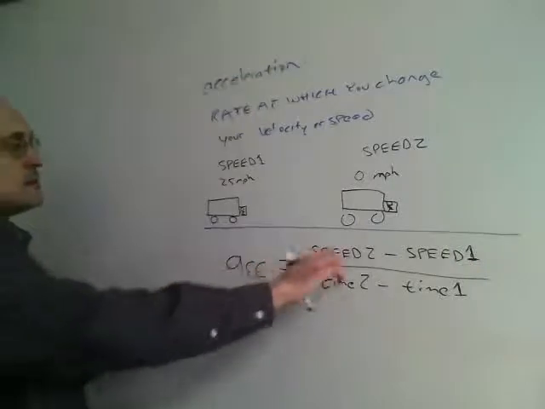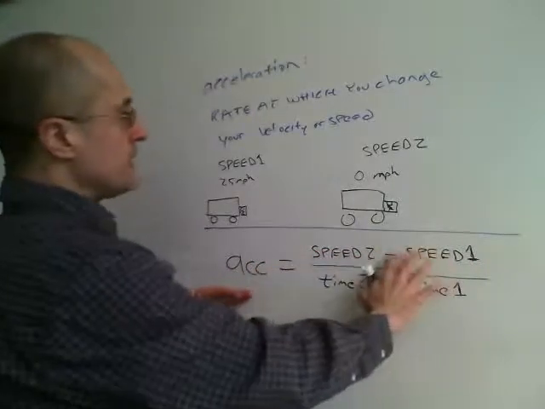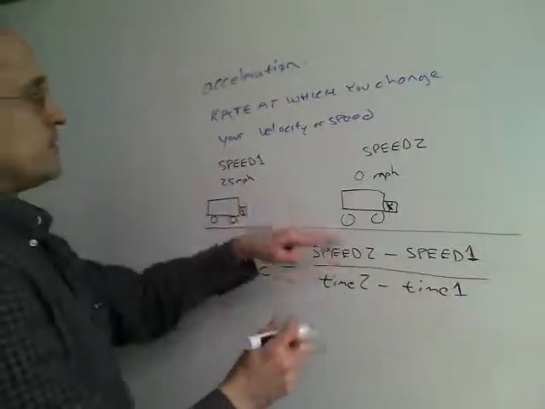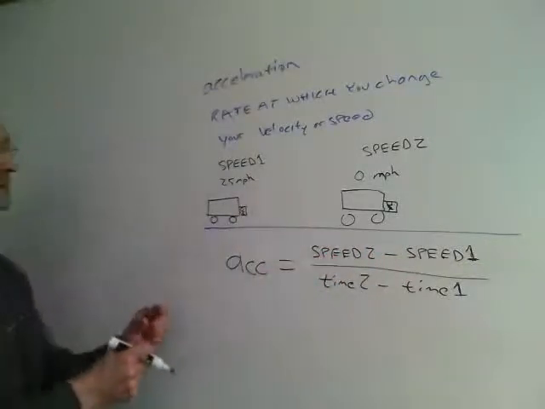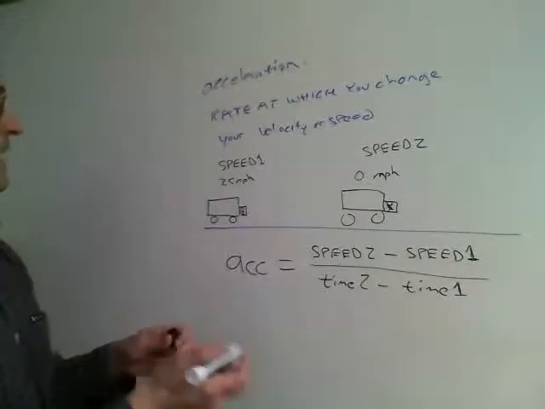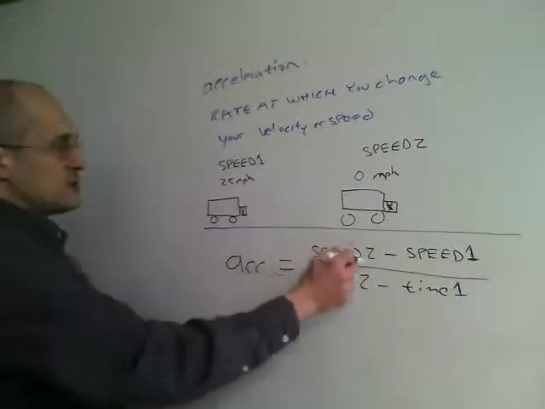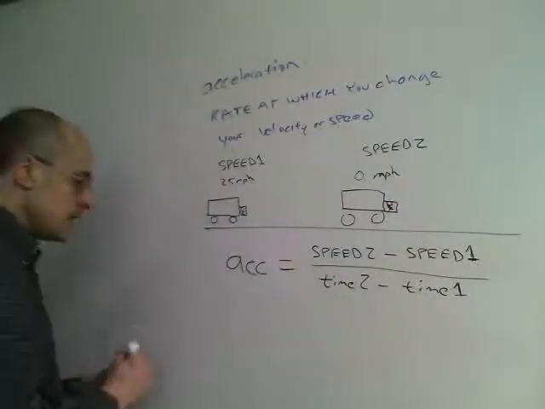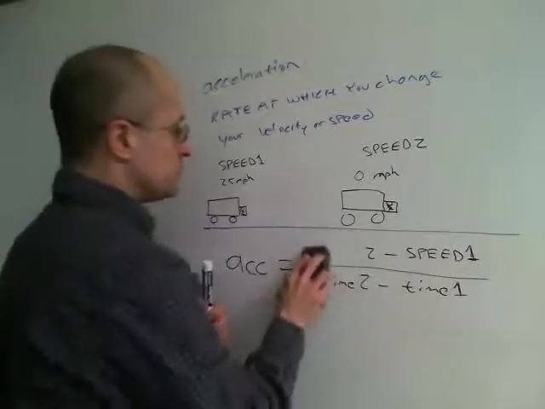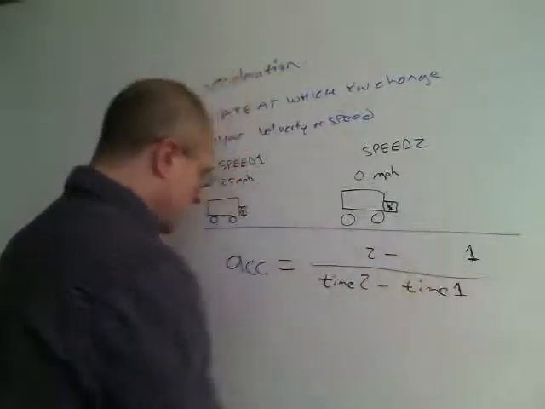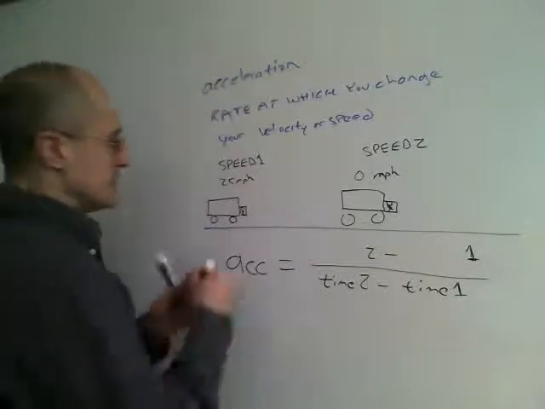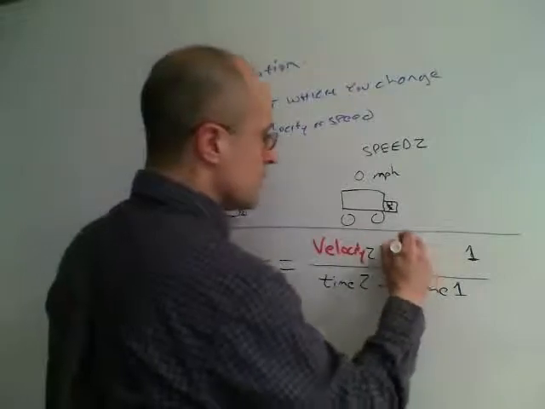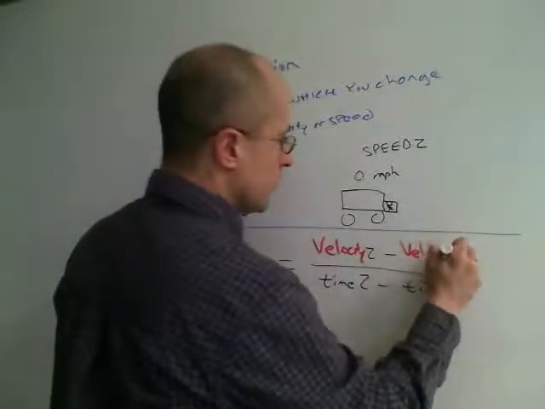Now, we can use speed in here instead of velocity, because you can use speed in place of velocity whenever direction isn't important. And so speed can be used in place of velocity whenever direction is constant. But really, acceleration isn't speed changing. Acceleration is a velocity. So really what we should put in here is velocity 2 minus velocity 1.